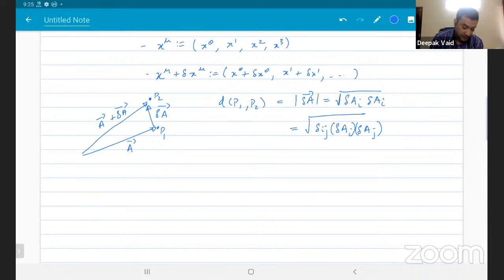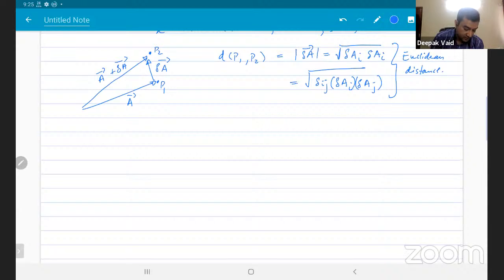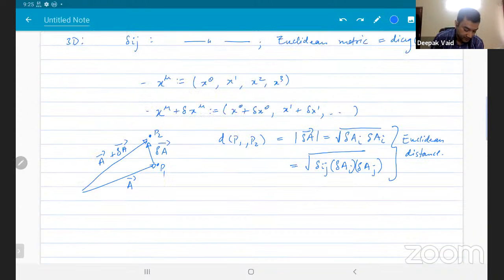So this is the Euclidean distance between two spatial points, right? But we want to talk about points in space-time. So these are the 2 points in space-time. What is the distance between these 2 points in space-time?